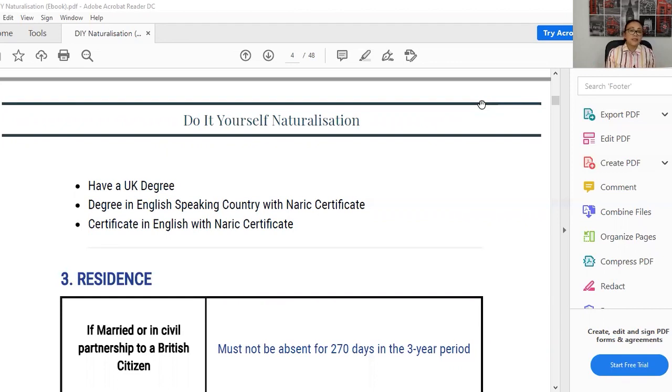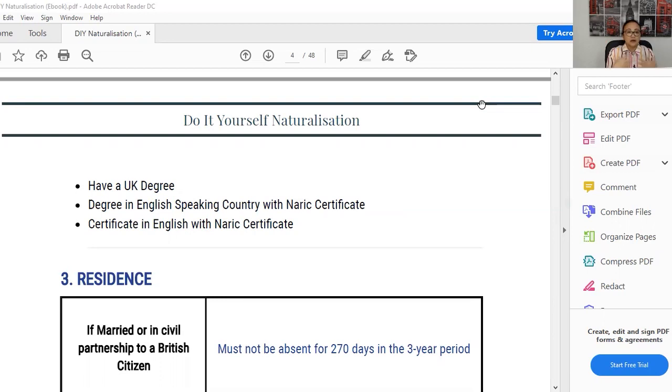Okay, because some degrees are not the same as the UK. So if you have, let's say, a degree in the Philippines, that's an English-speaking country, but it's not recognized as one of the English-speaking countries that will get you exempted from the English language requirement. But your degree, because it was taught in English, may be sufficient for this requirement, but it has to have the NARIC certificate.